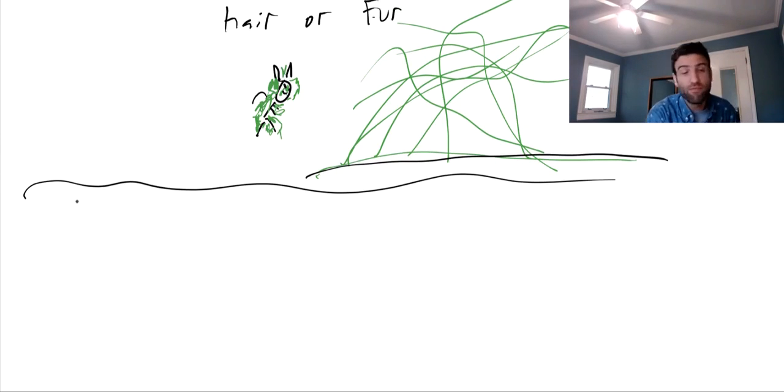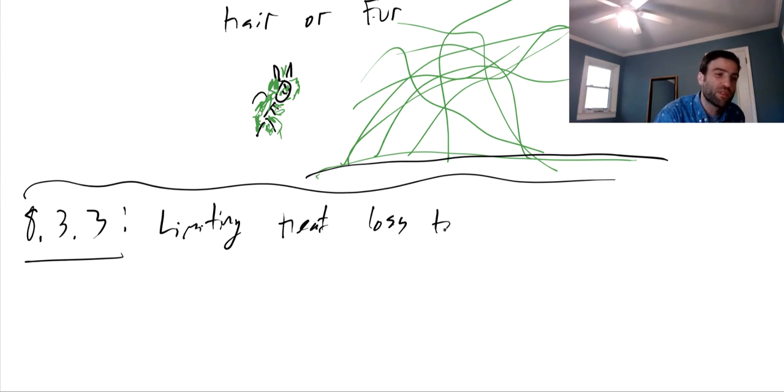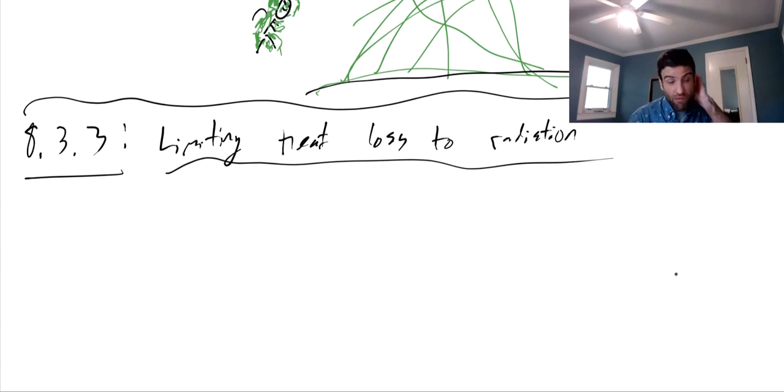It's kind of fun. Okay, the final mechanism that we have to talk about is radiative heat loss. So, limiting heat loss to radiation. As we mentioned above, any object is constantly emitting and absorbing electromagnetic radiation, right?